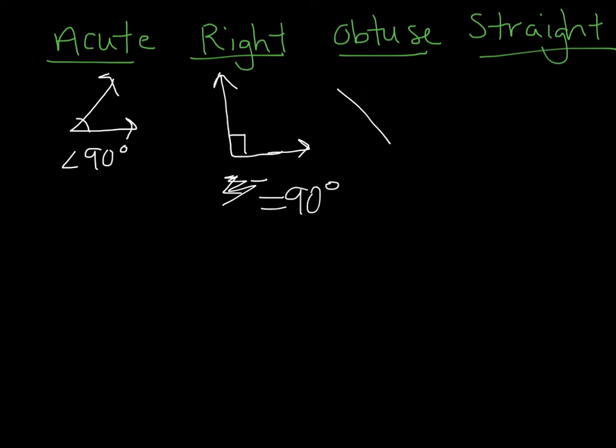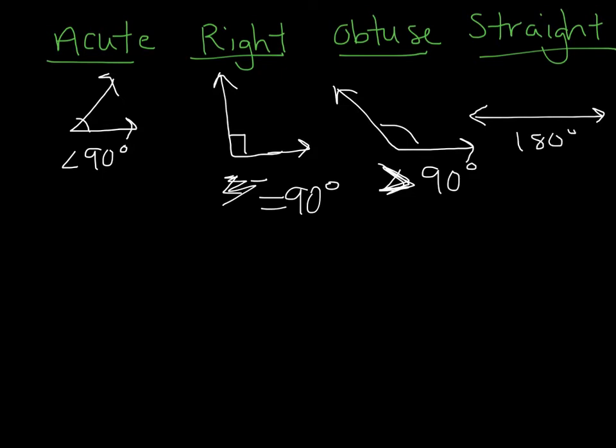An obtuse angle is greater than 90 degrees. And a straight angle is an angle with a measure of 180 degrees, or a straight line. Okay, they're formed by two rays. So this would be your point right here.